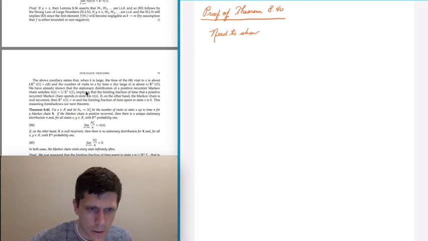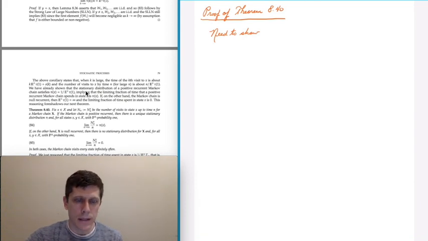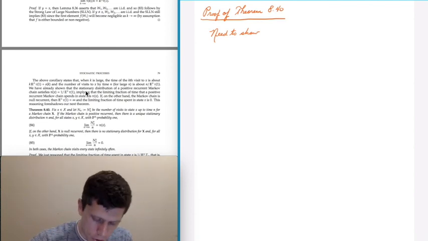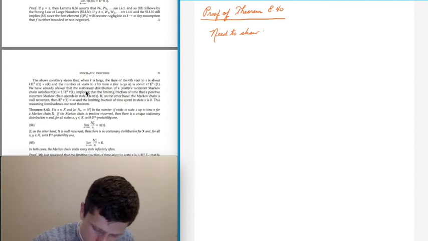that if the chain is irreducible and has a positive recurrent state, then there's a unique stationary distribution.